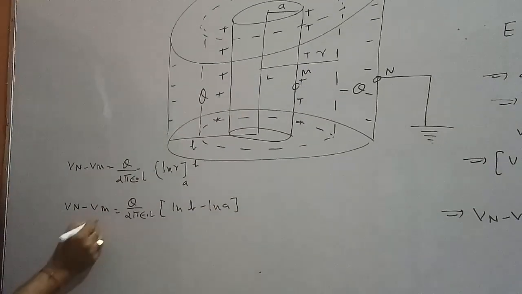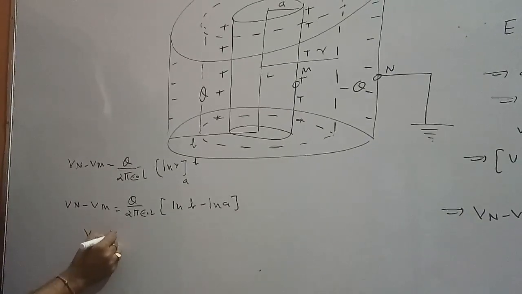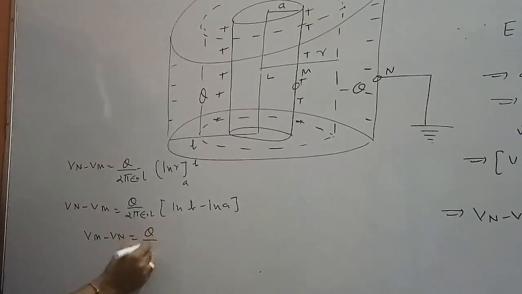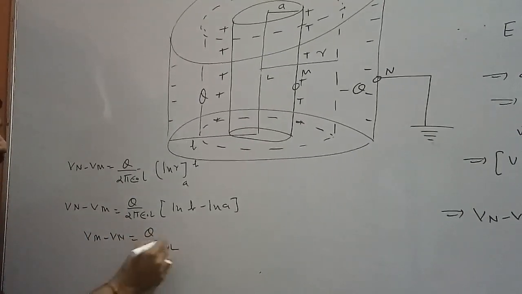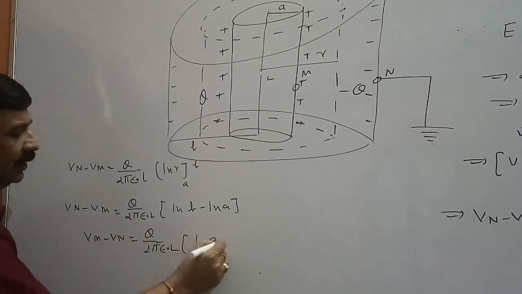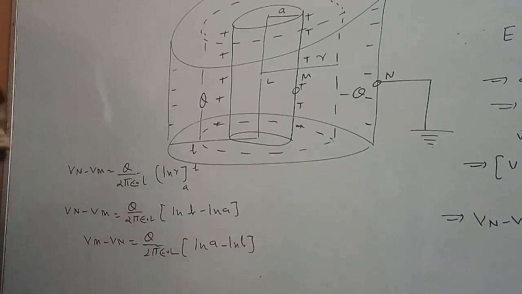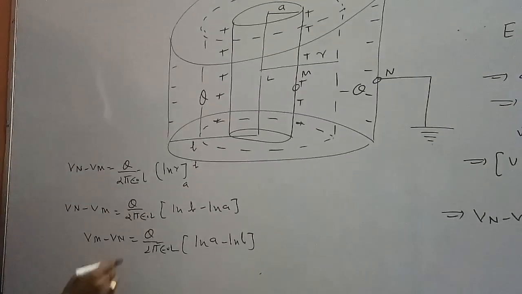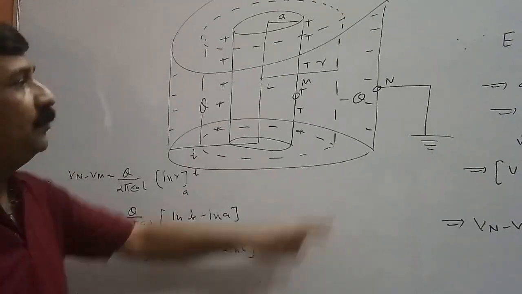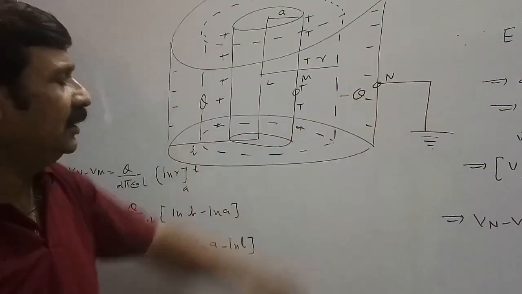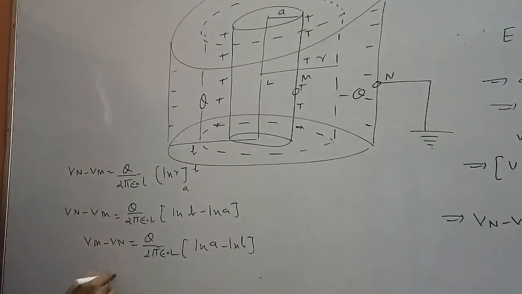Multiply the whole term by a negative sign, and you will get Vm minus Vn as Q upon 2 pi epsilon naught into L, natural log a minus natural log b. And since point N is connected with earth, its potential is 0, so this will become Vm only.